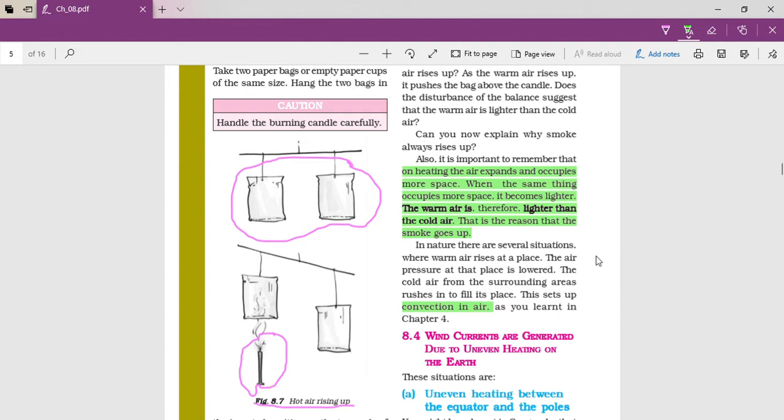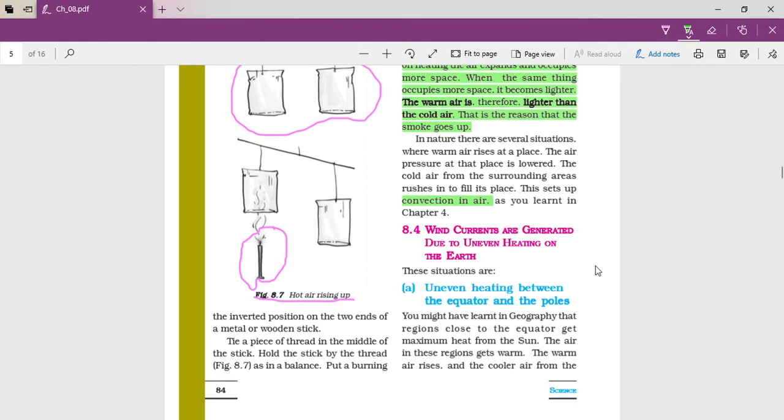So this sets up convection in air. This fact of air is utilized in launching hot air balloons also. In nature, there are different situations where warm air rises at a place.